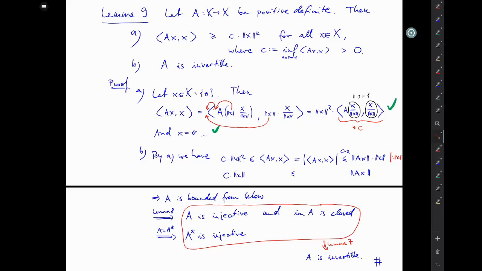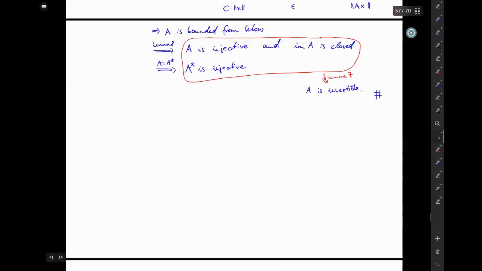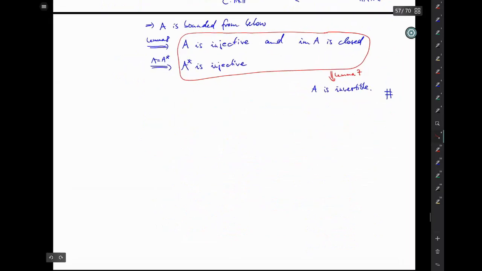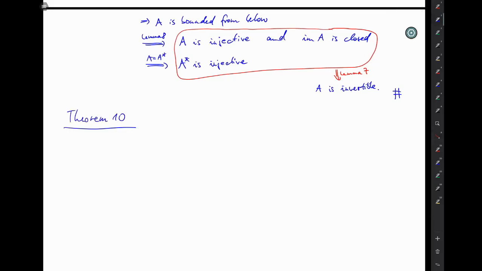Okay, so now after all these lemmas, it's about time for a proper result. So here is theorem 10. And we start just like in the previous lemmas. And now we want to apply a projection method. So we need a sequence of projectors on X, and we take the same sequence on the other X because it's the same.